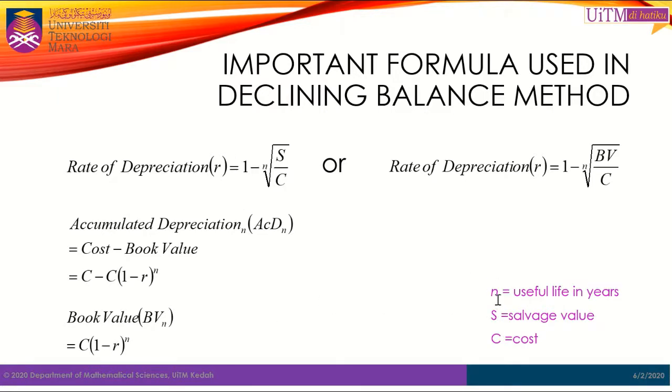Note here, n is the useful life in years, S will be the salvage value, and C will be the cost. Those are some of the important concepts that you need to understand under the topic of depreciation.